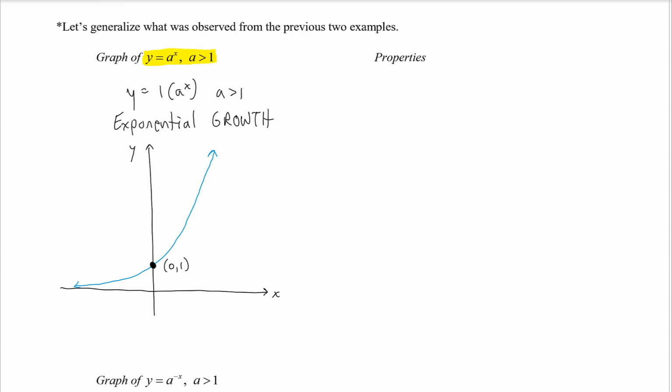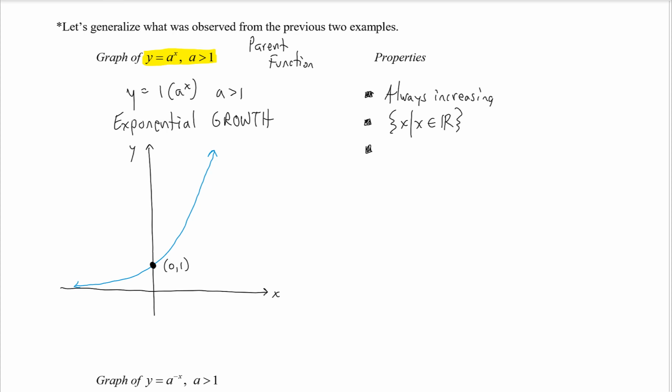So this is a parent function. Make sure that's clear. We can apply transformations. So some of its key properties are that it's always increasing. Its domain is all real numbers.